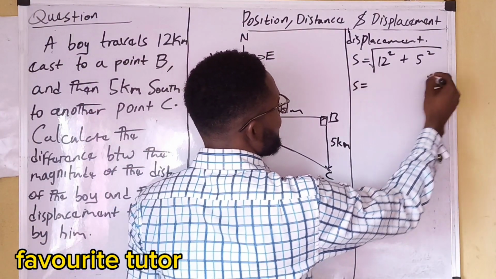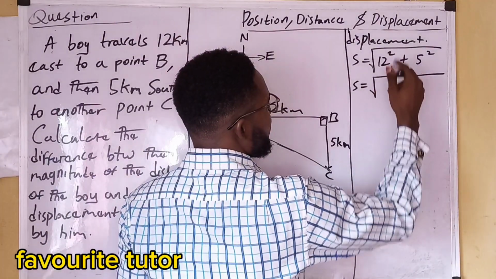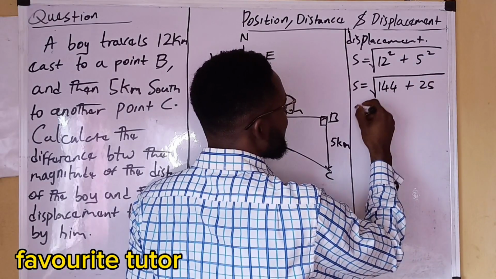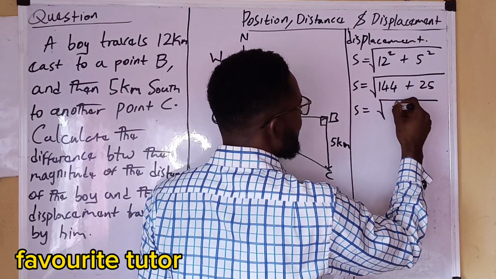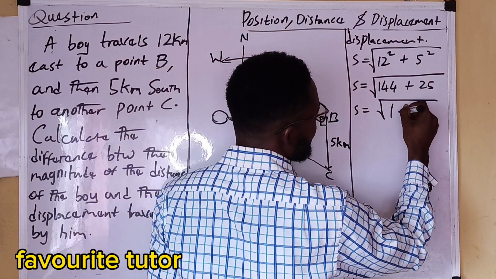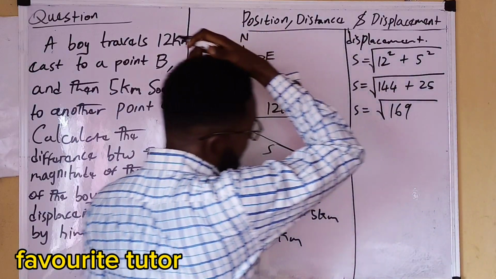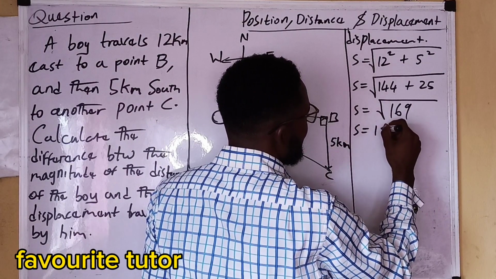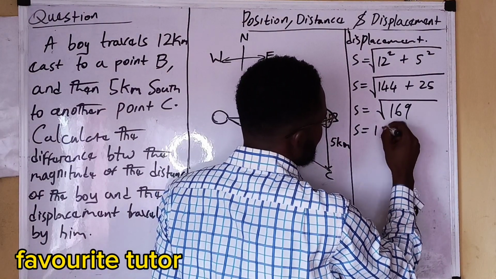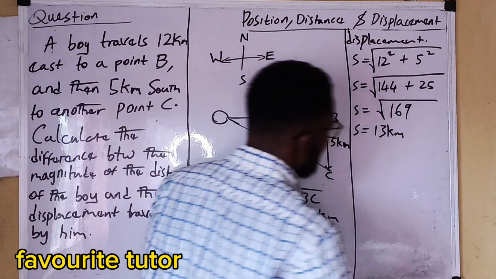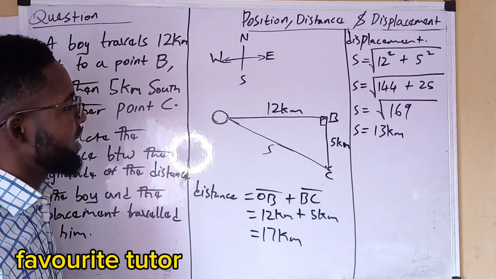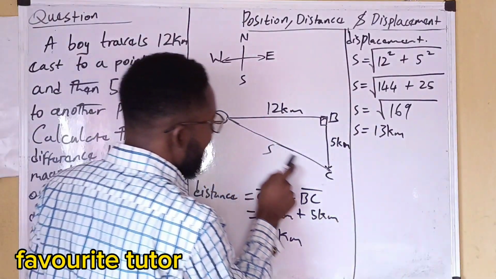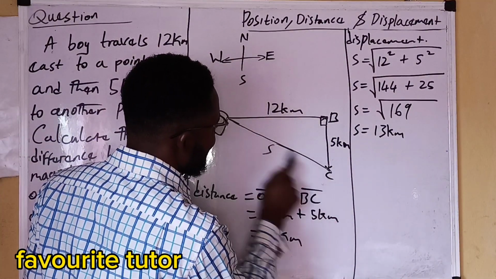So the displacement of the boy, 12 raised to the power of 2 is 144 plus 25. So this is equals to 169. Yeah, this is 169. The square root is going to be 13 kilometers. Now this is the magnitude of this line right here.